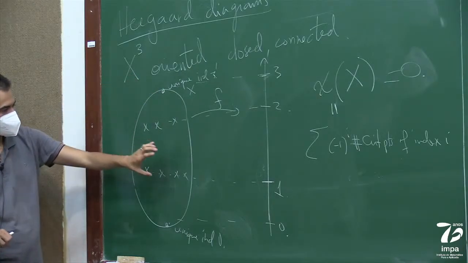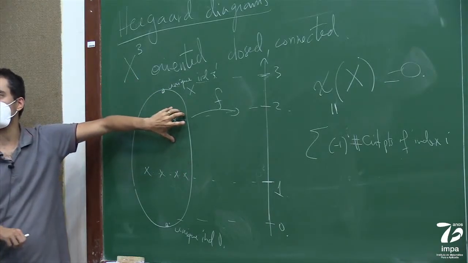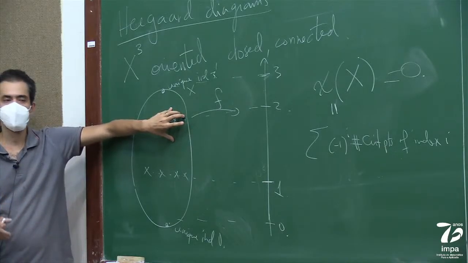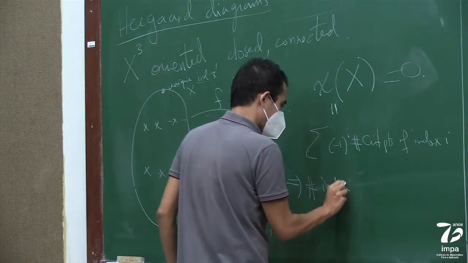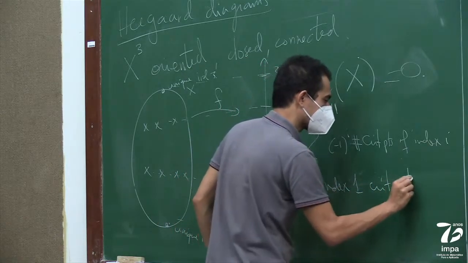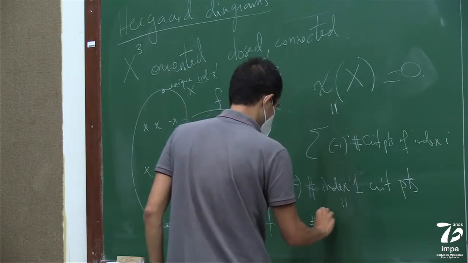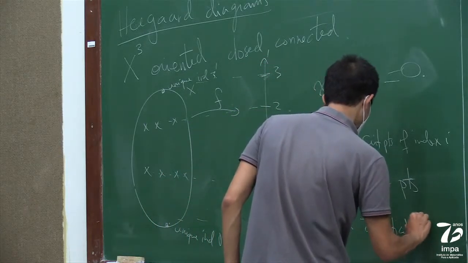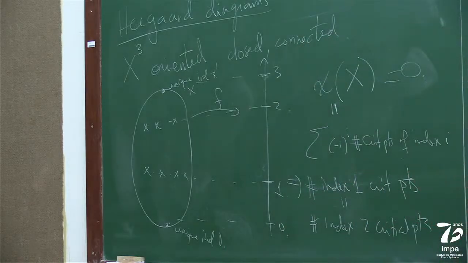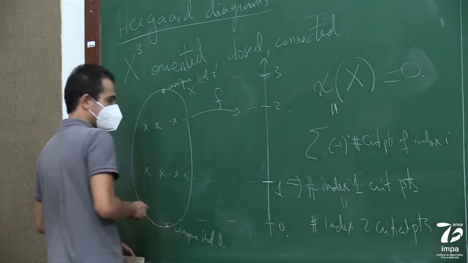And then you have the number of index 1 critical points, and then minus the number of index 2 critical points, with an opposite sign. So this will mean that the number of index 1 critical points is equal to the number of index 2 critical points. This is the simplest way to see that they have to be equal. But there are other ways, like if you think about handle attachments and the topology of what's happening every time you attach a handle. Okay. So let's see what's happening with the handle attachments.